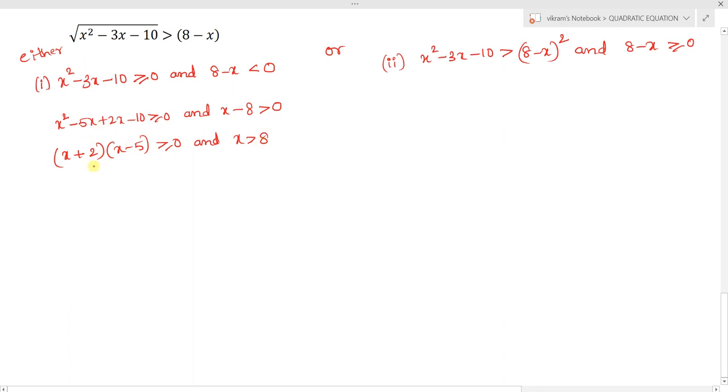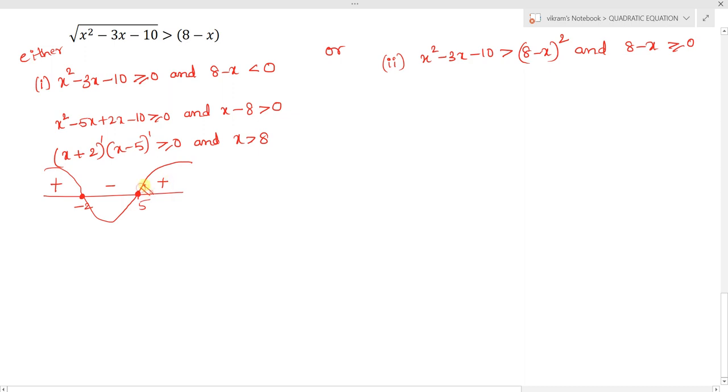Now, using the wavy curve method, represent -2 and 5. Greater than or equal to means these values are included in the solution. To the right of the rightmost root the sign is plus, and since all roots have odd powers, plus and minus come alternately.